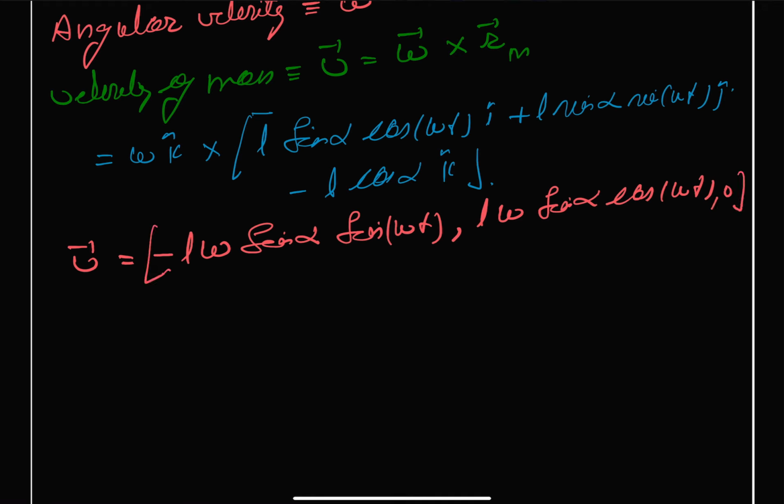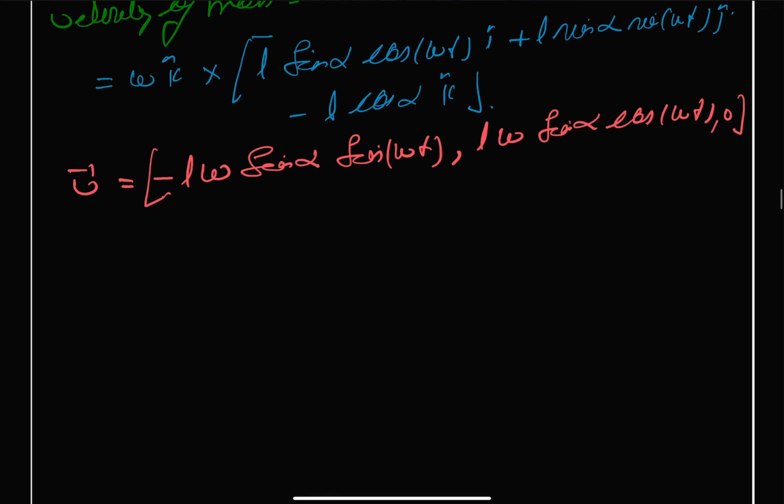Now we find out the linear momentum. So we can say linear momentum P is equal to mass into velocity.